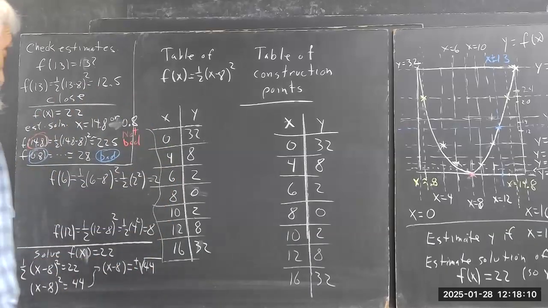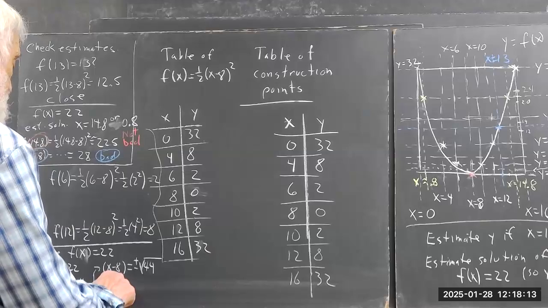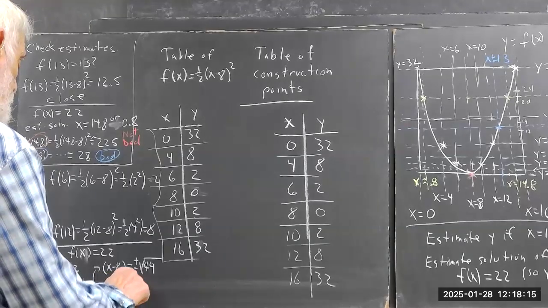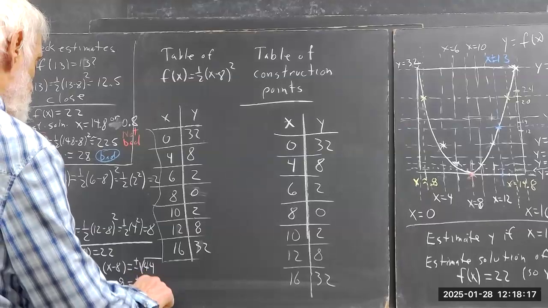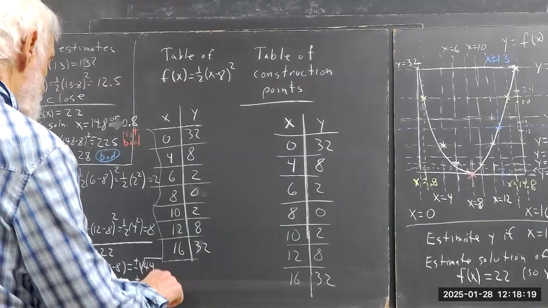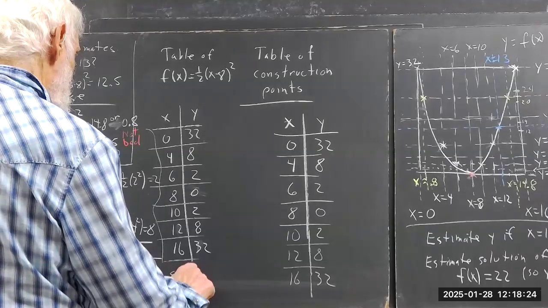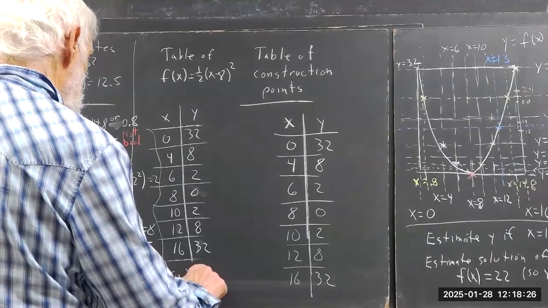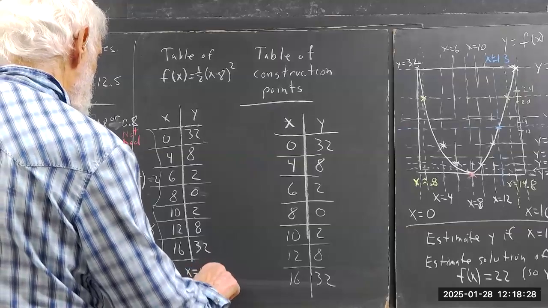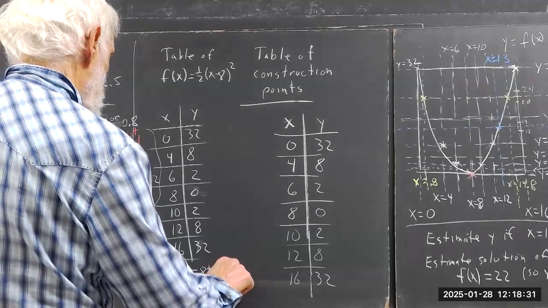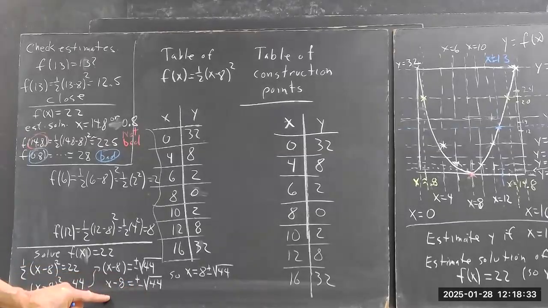So if I add 8 to both sides, I end up with x. I add 8 to both sides because I want to end up with x. It's going to be 8 plus or minus the square root of 44.